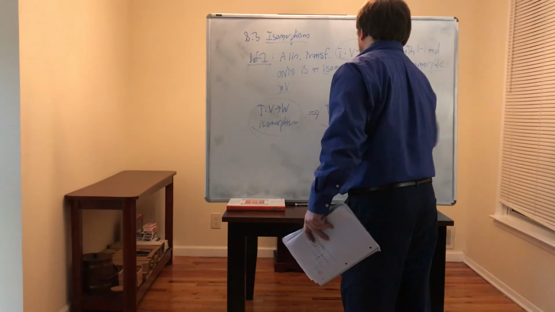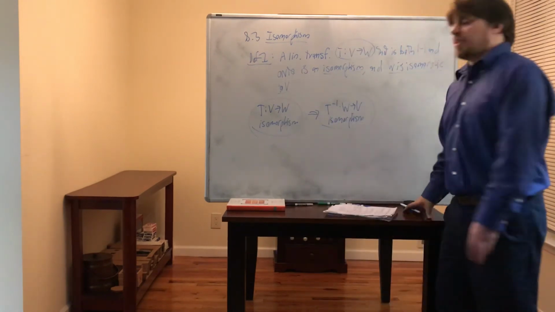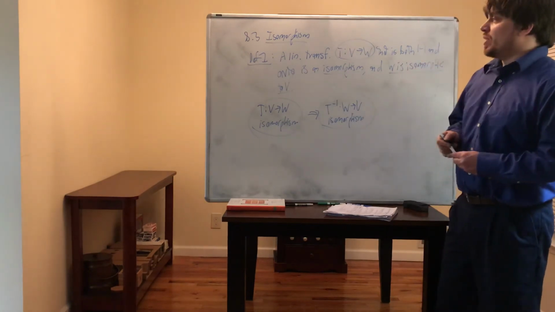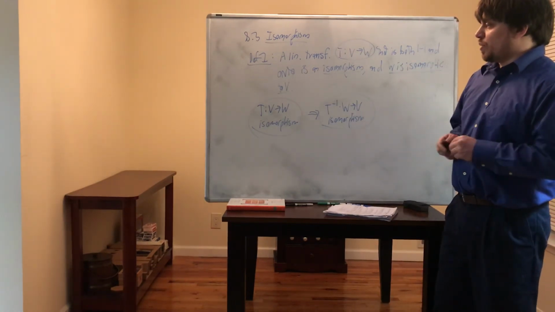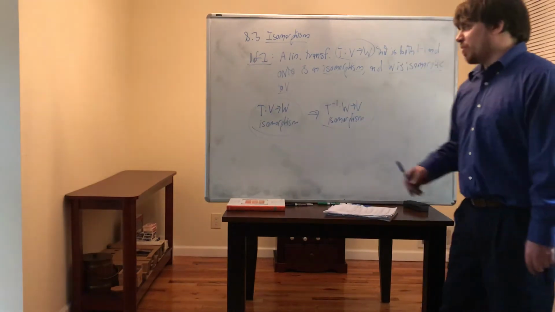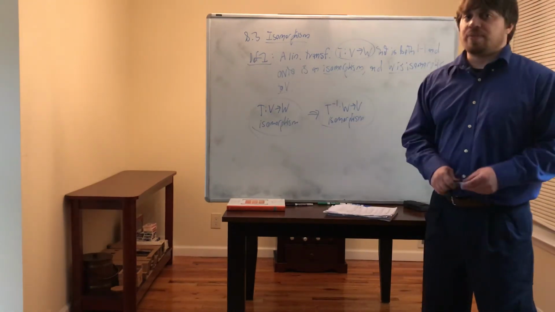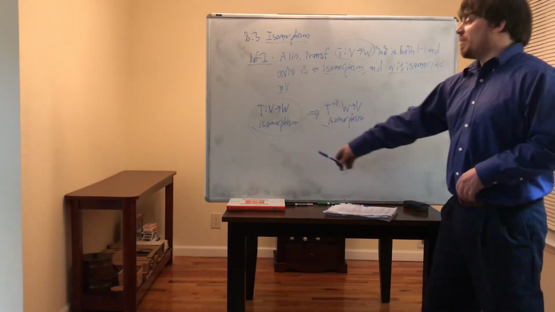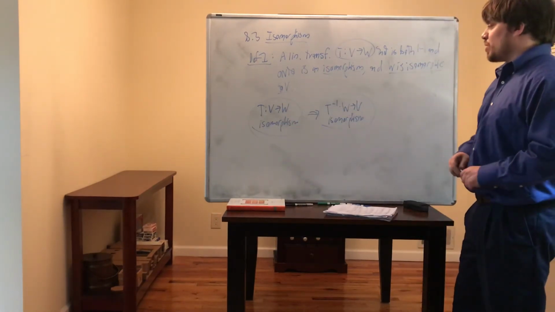You need your function to be one-to-one in order to have an inverse. But T is an isomorphism, which means it's one-to-one already. That's one of the conditions for a function to be an isomorphism. So we know T is one-to-one because it's an isomorphism, which means it has an inverse function. And what we can say about that inverse function is that if T is an isomorphism, then T inverse is also an isomorphism.